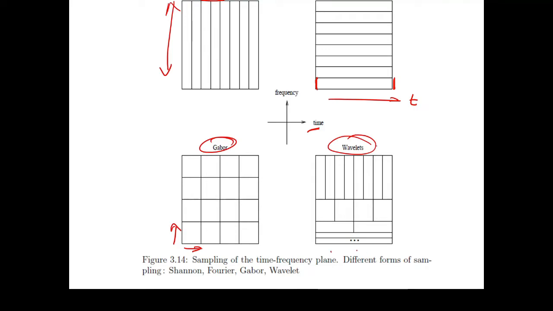In this, this is time and this is frequency, and frequency is increasing. At the lower frequency we are using a larger window. As we go towards the higher frequency, we are reducing the window. Again, when we go up, we reduce the window further, and it continues.